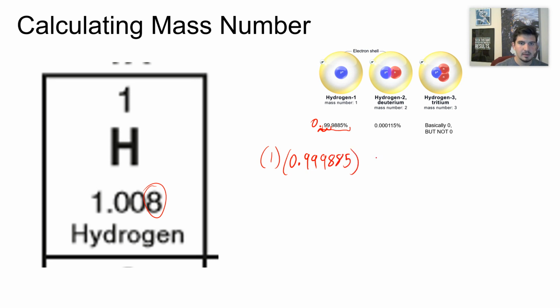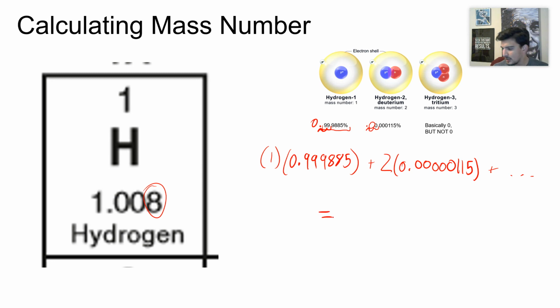0.999885. Okay, and then we're going to add the other hydrogen. That's 2 times, and then we need to move our decimal over 2 times again. So that's 0.000000115. And then there's some other stuff in here that we can't really add.